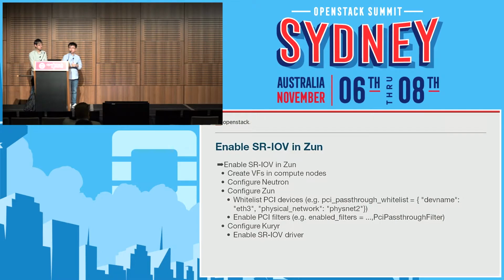In Zun, the operator needs to specify the PCI whitelist, to allow a set of PCI devices to be passed through. They also need to enable the PCI filter in the scheduler, which makes sure that a PCI request will be scheduled to a host that has a PCI device. The last step is to configure Kuryr to enable the SR-IOV drivers.